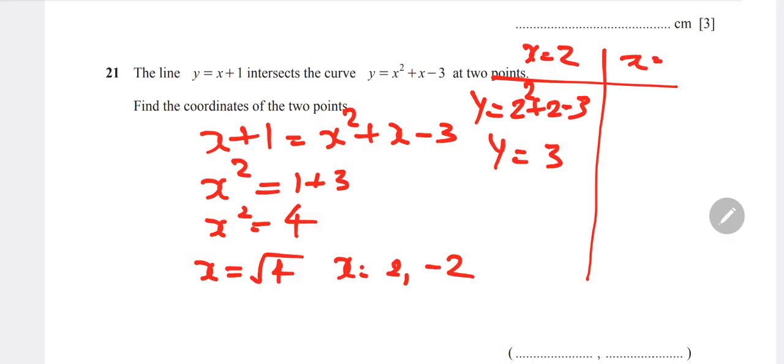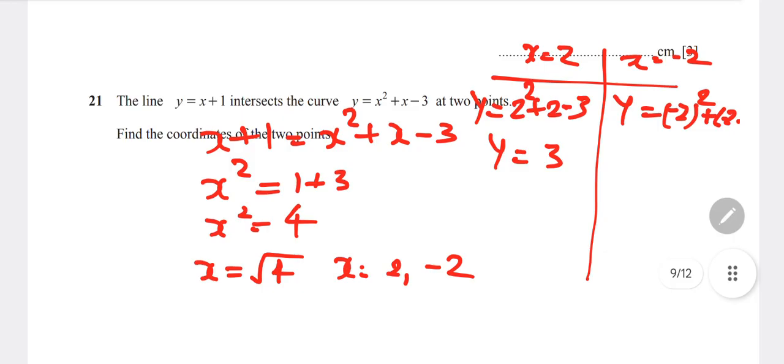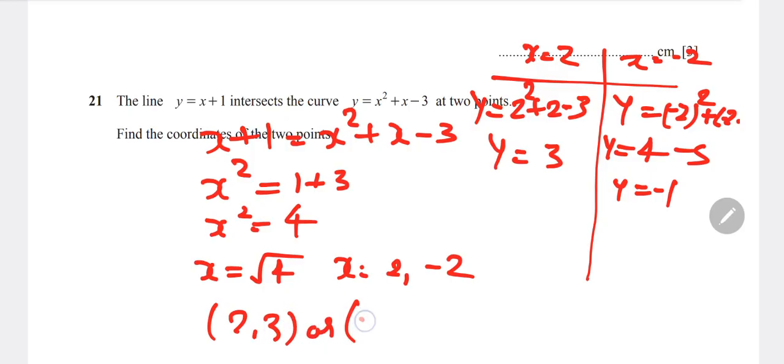When x is equal to minus 2, y is equal to minus 2 square plus minus 2 minus 3. So y is equal to 4, minus 2 minus 3 becomes minus 5, so y is equal to minus 1. It means we have two coordinates for this: 2 comma 3 or minus 2 comma minus 1. So we have two coordinates for question number 21. Now move to the next question.